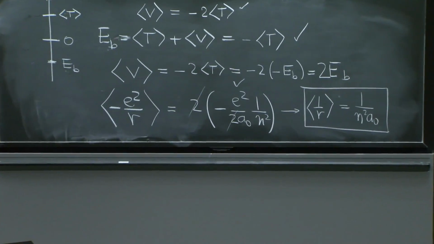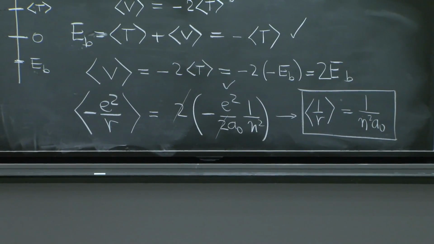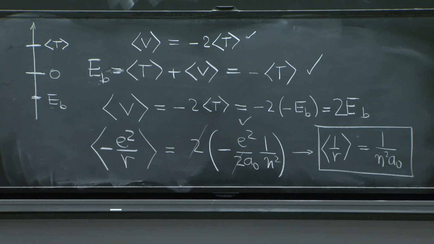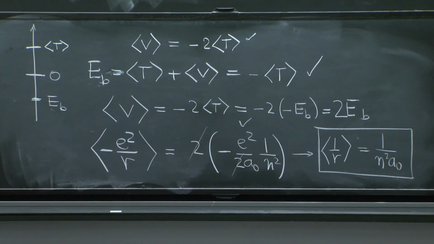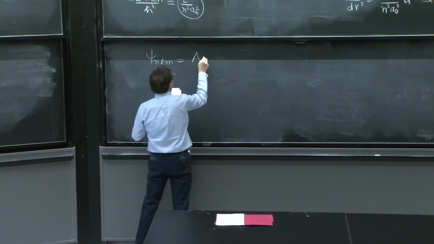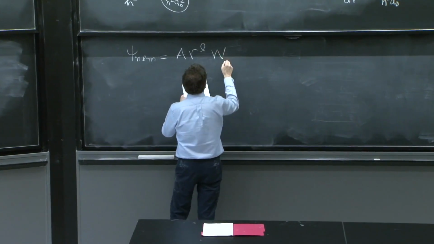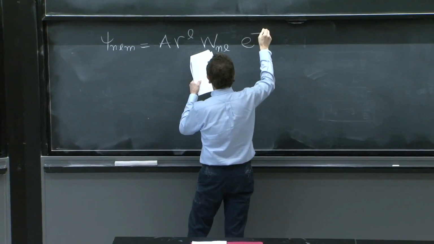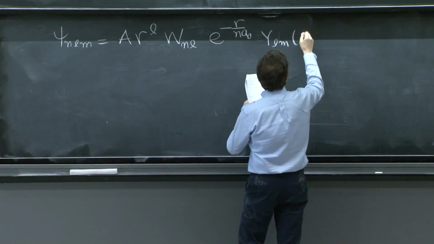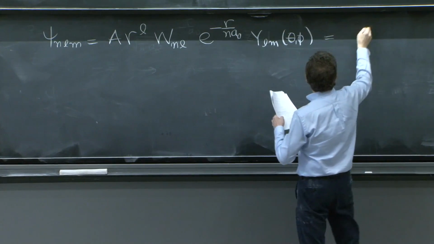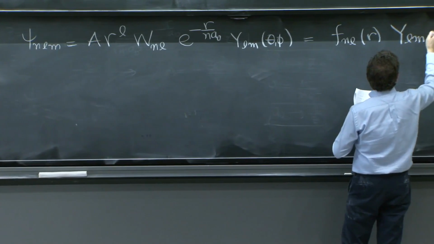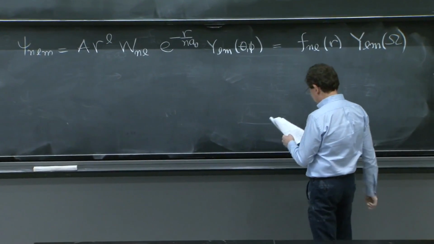So it's kind of interesting to see what went wrong, if you would have thought so, with the form of the solution. So psi n l m equals A r to the L W n l, a polynomial, times e to the minus r over n a naught, times Y l m of theta and phi, or F n l of r times Y l m of the solid angle.